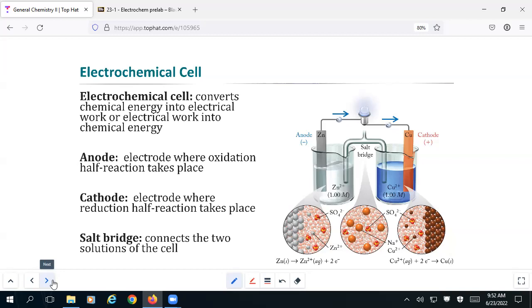And what we will see is that in every electrochemical cell, electrons will travel from the anode into the cathode. So we're going to see electrons always flowing from that anode into the cathode.